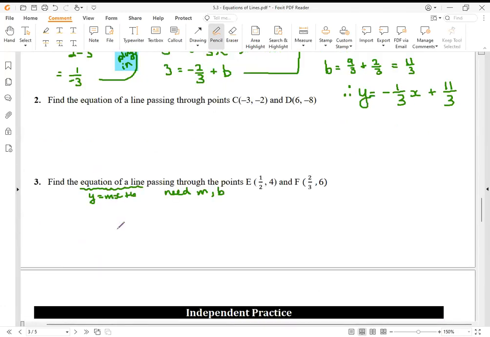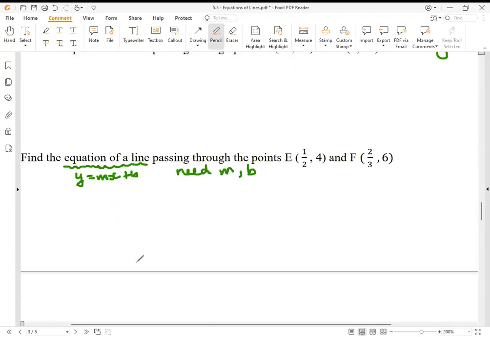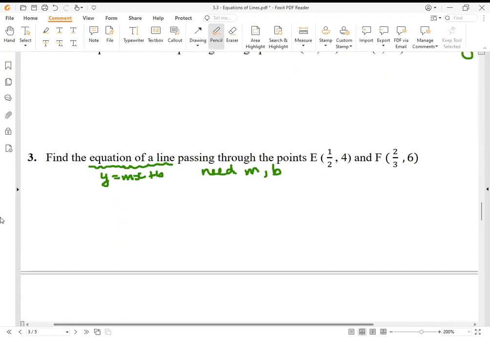That's always going to be a goal when we talk about equations of a line. And if we have that equation, all the exercises we've done in the past, you can still do. So the equation is very valuable in solving and analyzing a lot of things. See if you can do that.